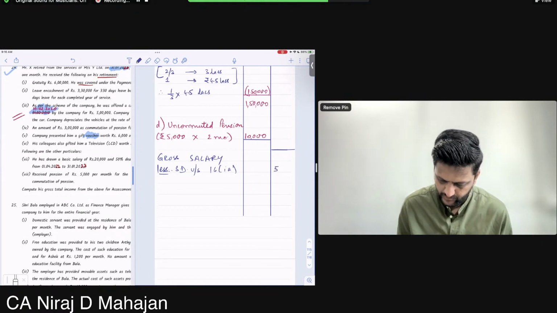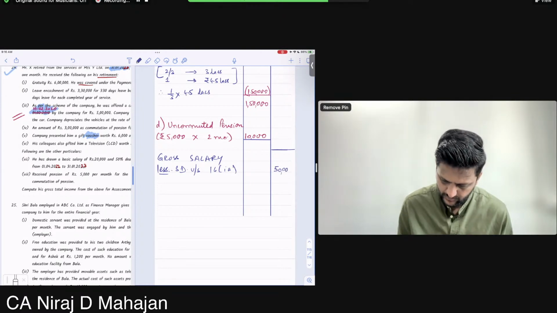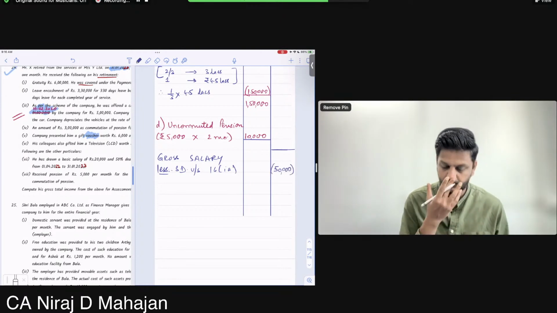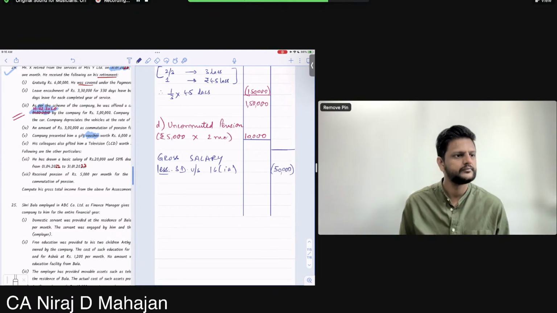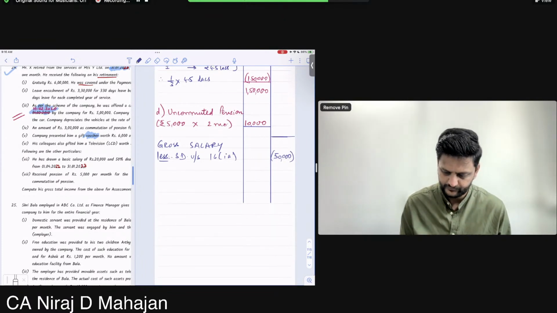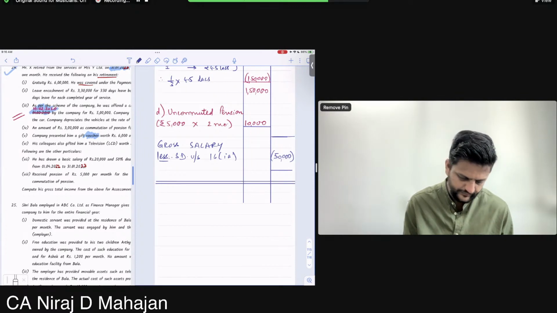Right, all of you? Correct, no? So I'm writing income from salaries. They've asked you gross total income, but I'll give you as a note only what is going to happen in your other sources. Okay.